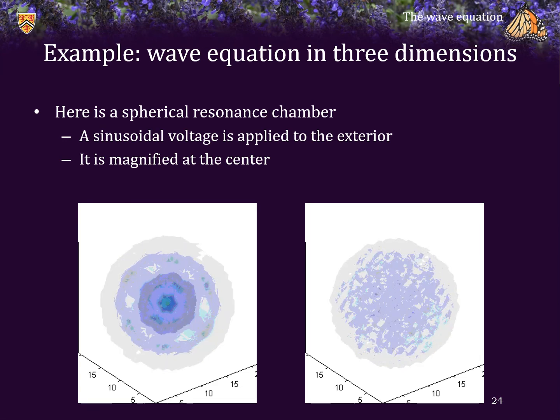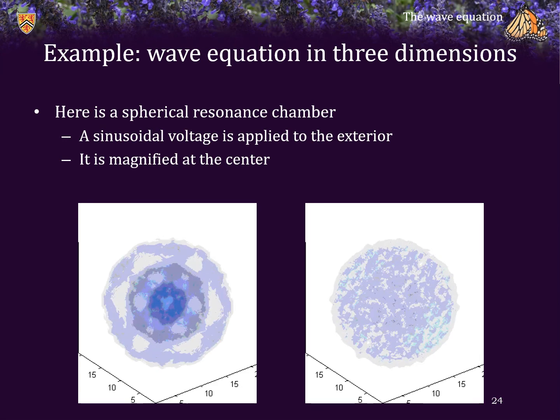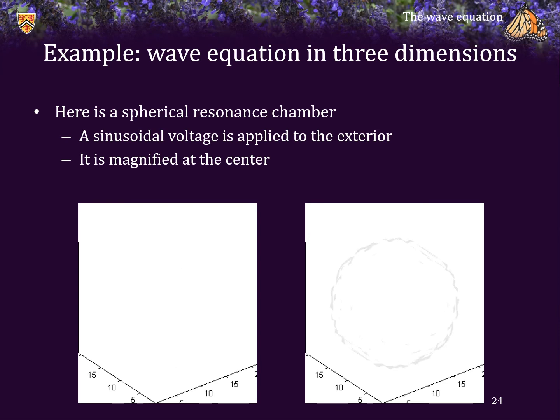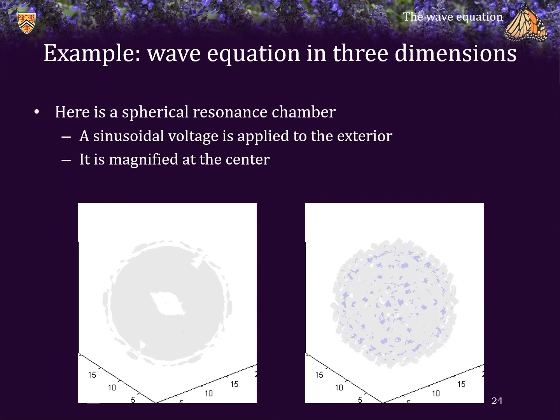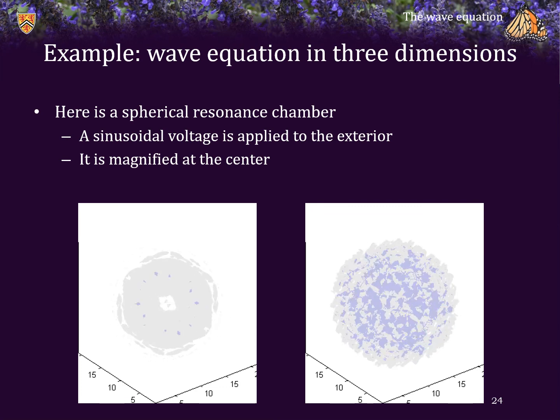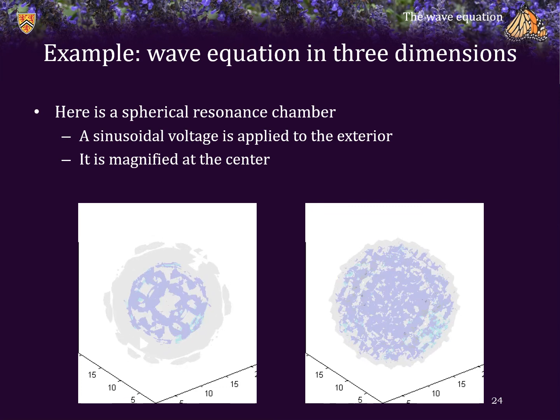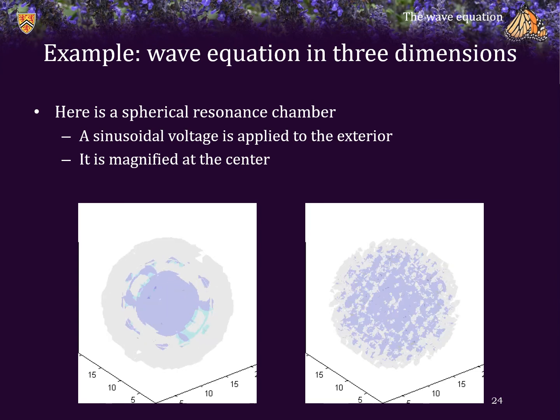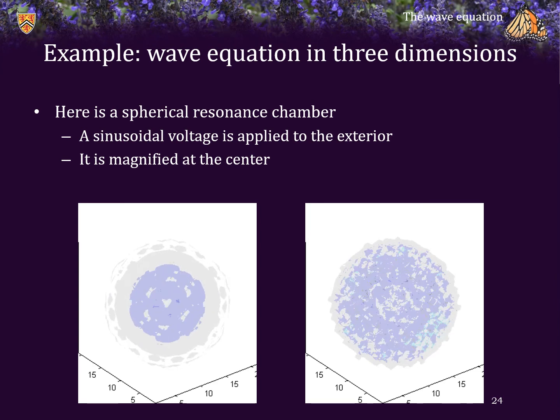You will see that it is pulsing sinusoidally, and that is the result of that magnification. This is because on the left-hand side, the frequency and the diameter of the resonance chamber correctly match.